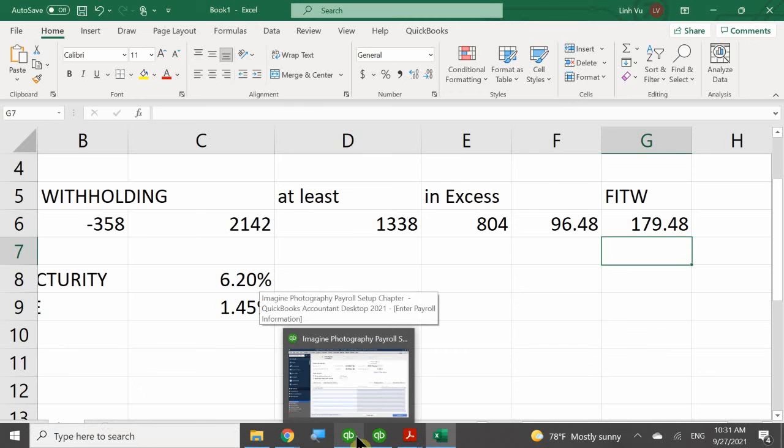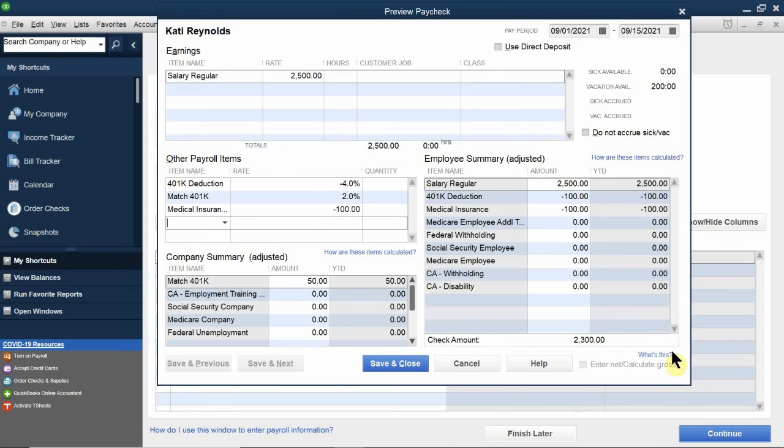Therefore, I can go ahead and plug that number in, saying she's going to be subtracted out 179.48. So again, federal income tax withholdings right here, negative 179.48. And of course, Social Security, right?